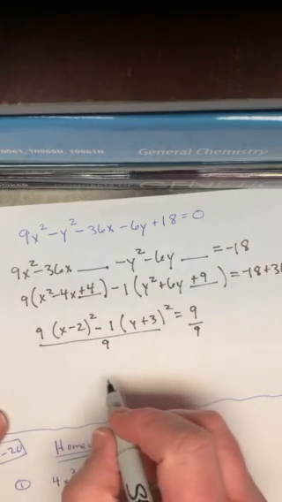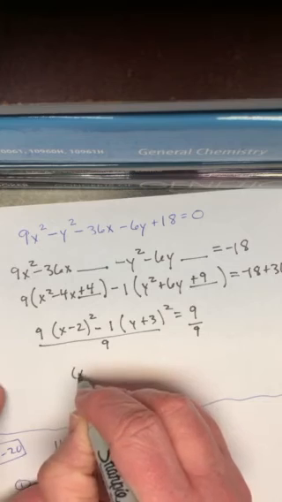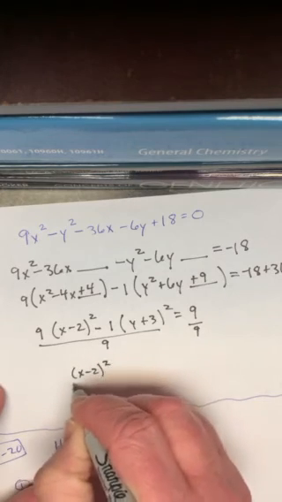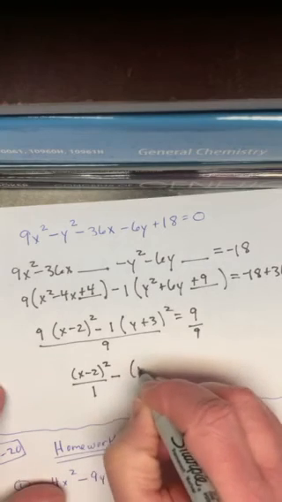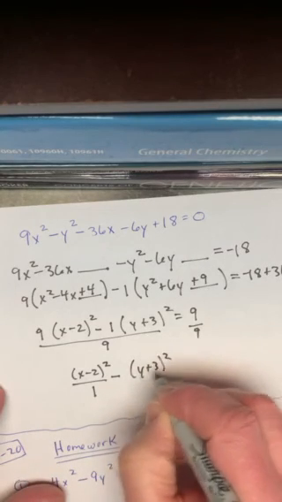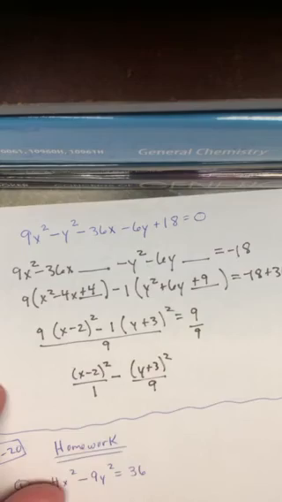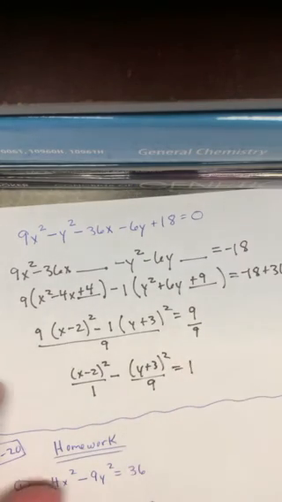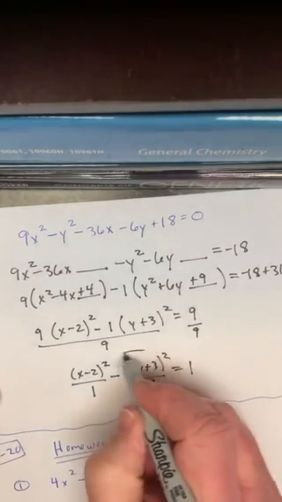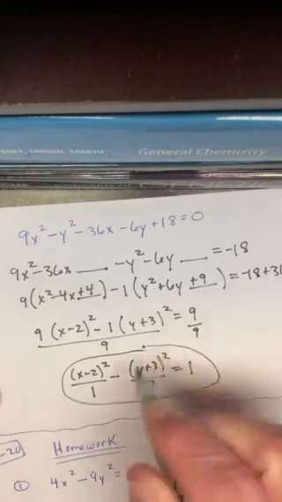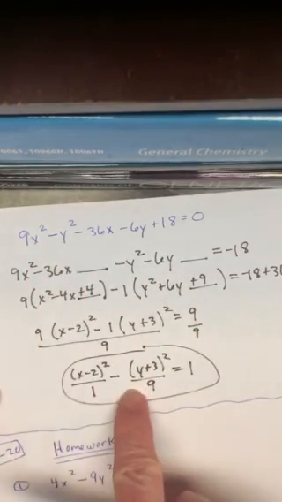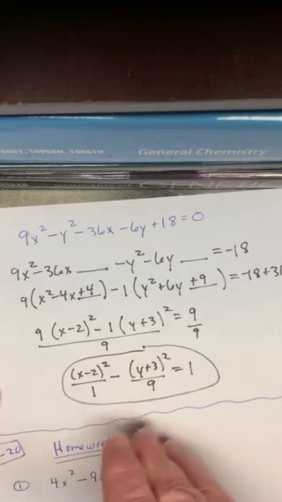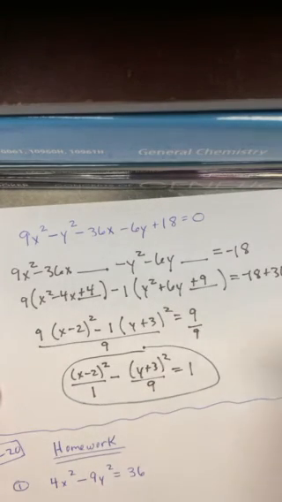So bottom line is, I end up with x minus 2 squared over 1, that's okay, minus y plus 3 squared over what? 9 equals 1. And I successfully took what looked like a big mess and turned it into a hyperbola in standard form that I could now graph if I have to by using the approach that we learned on the front.